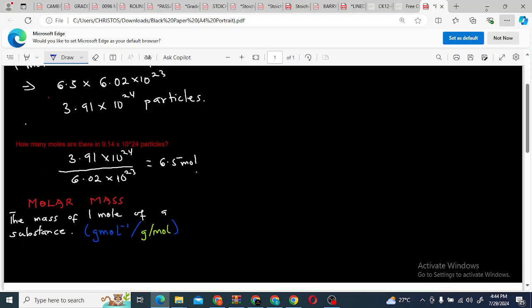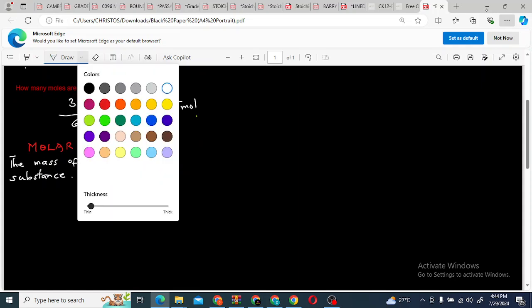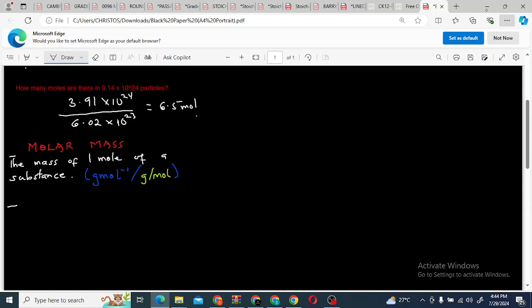So when I make a statement and I say the molar mass of carbon is 12 grams per mole, what do I want to say?